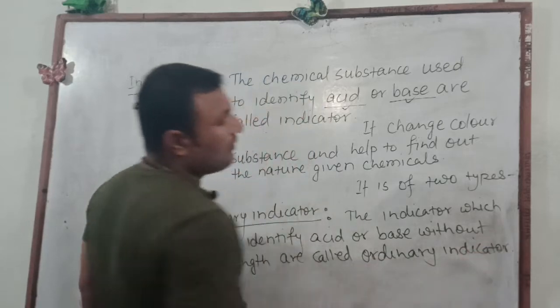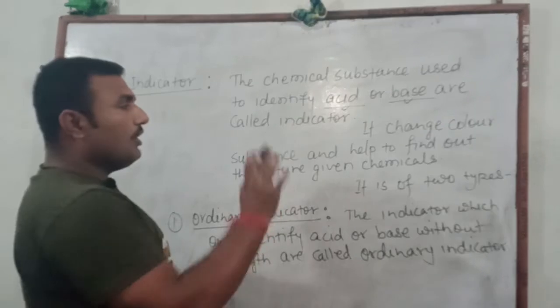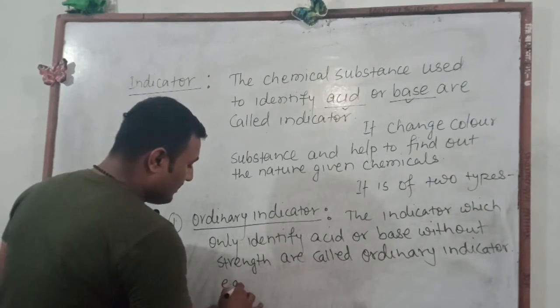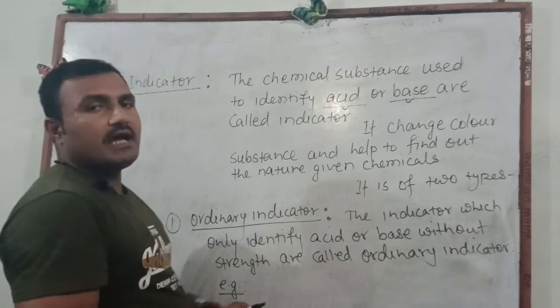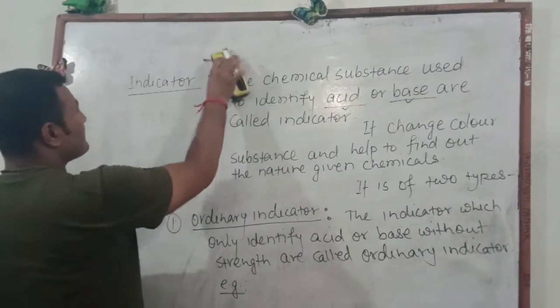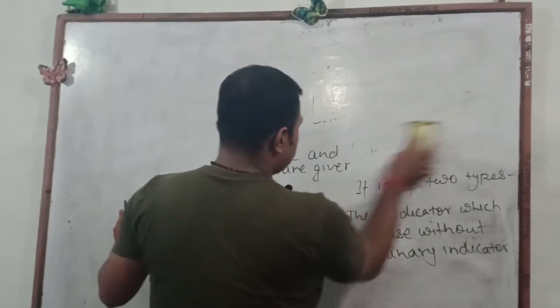An ordinary indicator only identifies whether the given chemical is acid or base. And the different examples of ordinary indicators and how they change the given chemical substance when used, we discuss in a table.